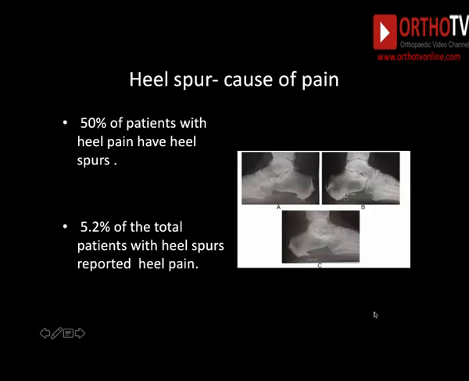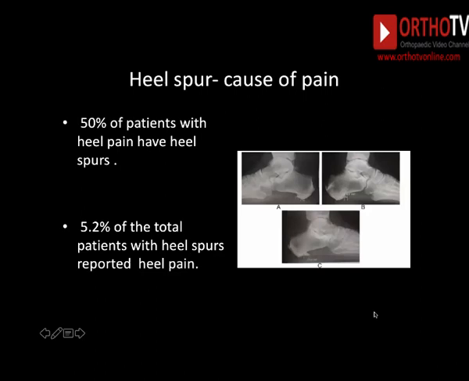So many times when we take an X-ray and see a heel spur, we label the heel spur as the cause of pain. But 50% of patients with heel pain have heel spurs, and only 5.2% of total patients with heel spurs report heel pain.